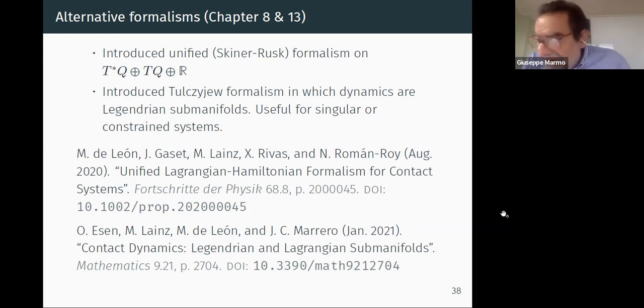So this is the first example of a physical situation where the result is sensitive to the fact that you may multiply the Lagrangian by 3.